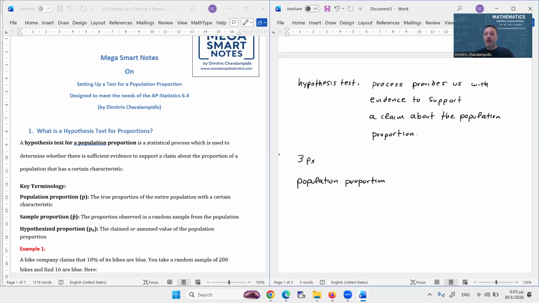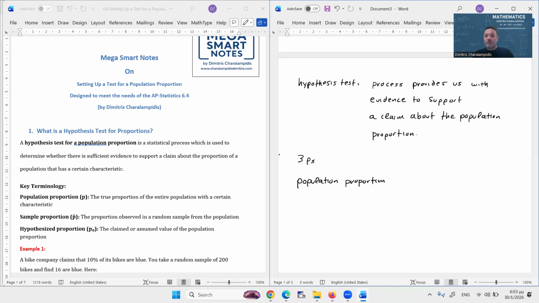Let's say that the entire population is all students in our school. If we check them one by one for a specific characteristic, let's say how many students are wearing glasses, and we end up with the exact number of those who are wearing glasses, this is the true population proportion. Remember that the true population proportion is fixed.